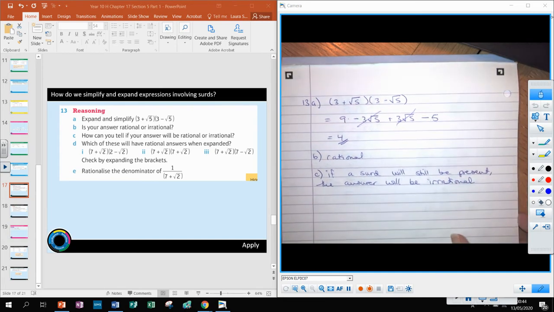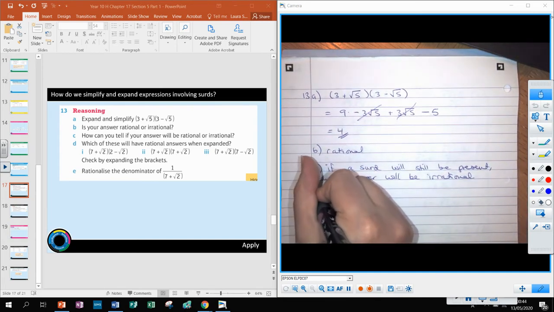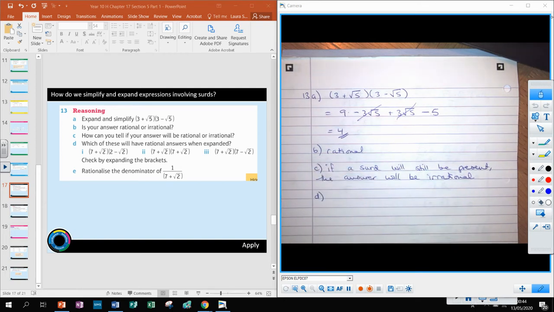Part D. Which of these will have rational answers when expanded? Well, let's have a think. They want us to actually check by expanding the brackets, but let's have a guess first.